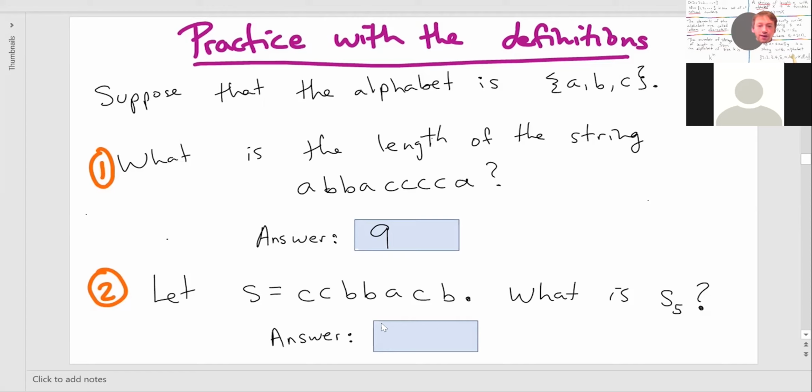So what is S5? Any guesses? It's good that I've got these guesses coming in because I suck at counting apparently. I thought it was C, but you're right, it's A. So the fifth letter is A. I mean, this kind of feels a bit like kindergarten right now, but okay.